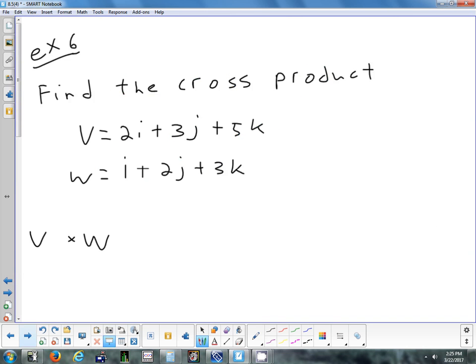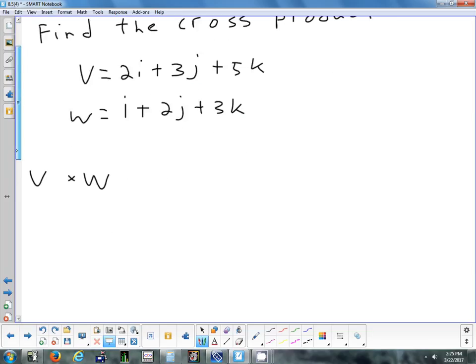All right, so here's our 2 vectors I want to find the cross product of. V is 2, 3, 5. That's all you really need. And W is 1, 2, 3. Okay. What goes in, you don't have to put the extra columns yet.